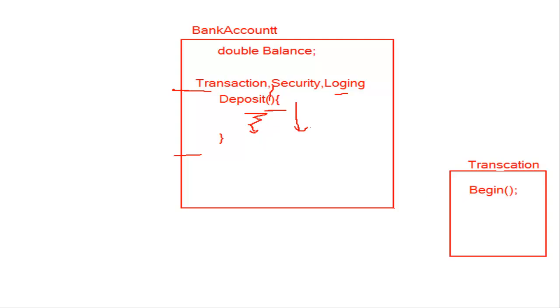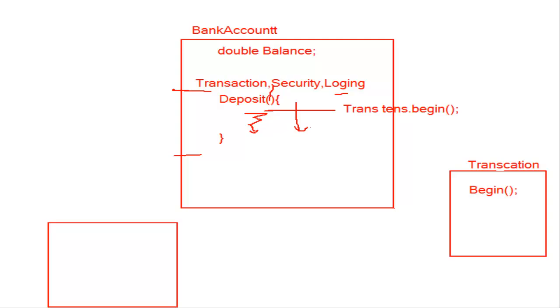So before you start depositing, you want to instantiate transaction. I will do it as trans.begin, and if everything goes fine, at the end you have to write trans.end and so on. So this is the usual thing. Again, you have to have the security in some place.